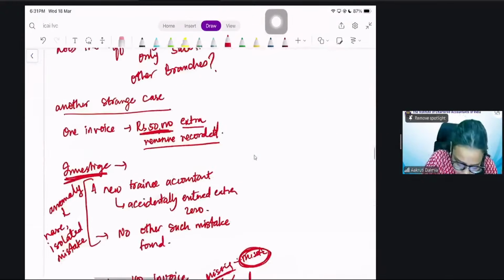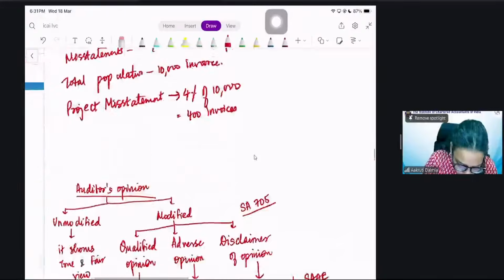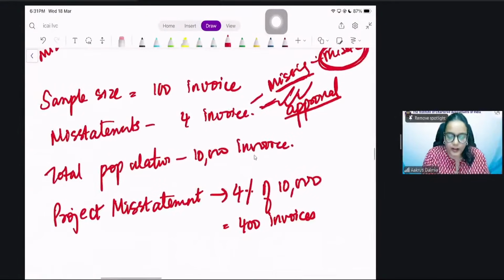So let's say we can take either decision. Let's say I have checked a sample of 100. I found 4 misstatements. Then as per 100 invoices, it would be 400 invoices. How many of you feel uncomfortable that out of 10,000 invoices, 400 will be misstated or will have some problem?